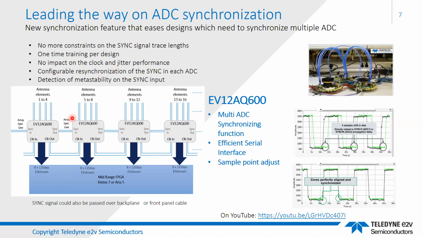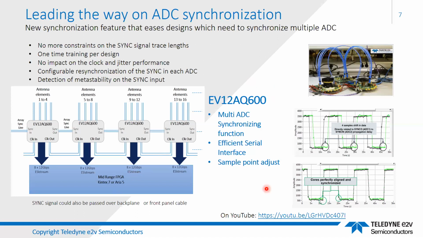And for a one-time board or system level setup, this enables these parameters to be measured, stored in non-volatile memory, and then every time that the system is powered up from then on, the ADCs, or the data coming into the FPGA, out of the interface of the FPGA, will be fully synchronized.